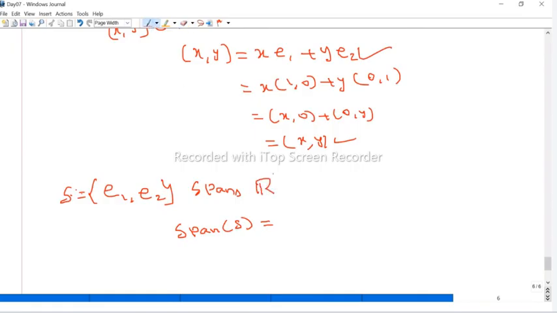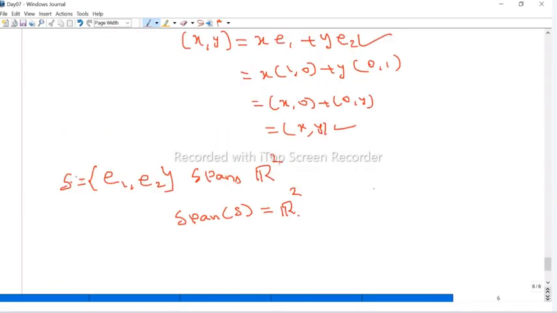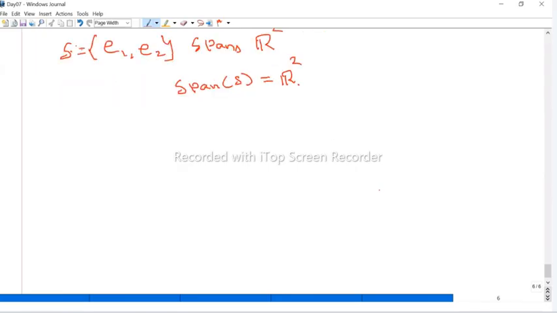Any element of R2 can be written as a linear combination of e1, e2. Therefore e1, e2 spans the entire space R2. Suppose I take another set, and we are going to show that it also spans the entire space.